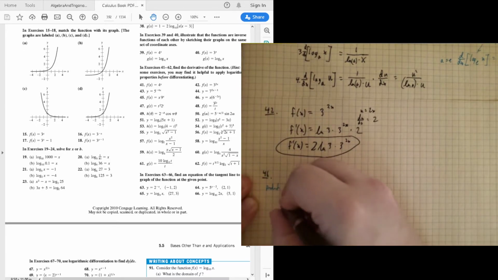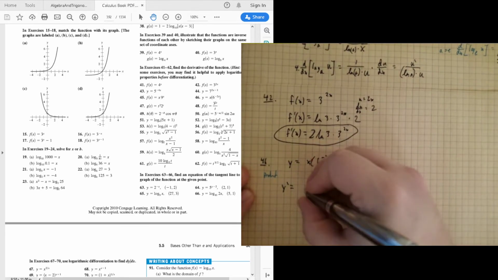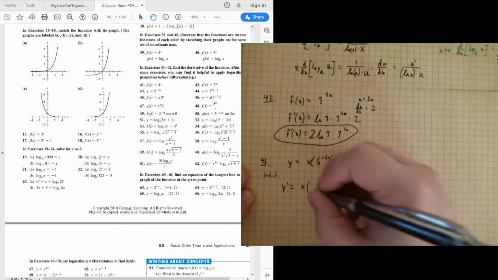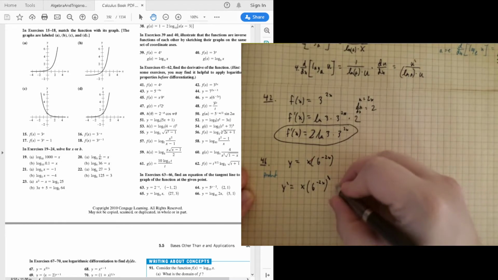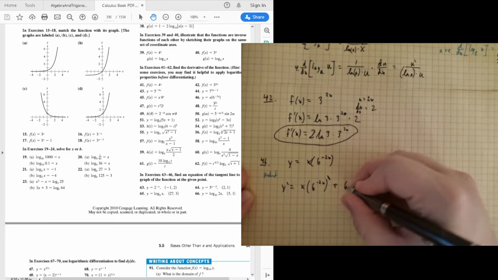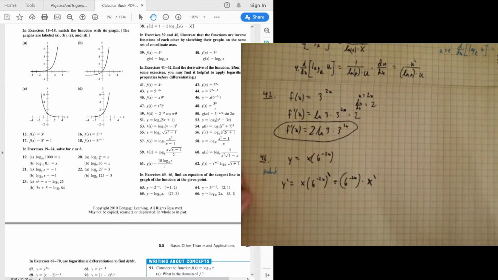So, y prime is equal to, I would do left times the derivative of the right, which I will leave right now as just the derivative of the right, plus right times the derivative of the left. Now let's simplify.